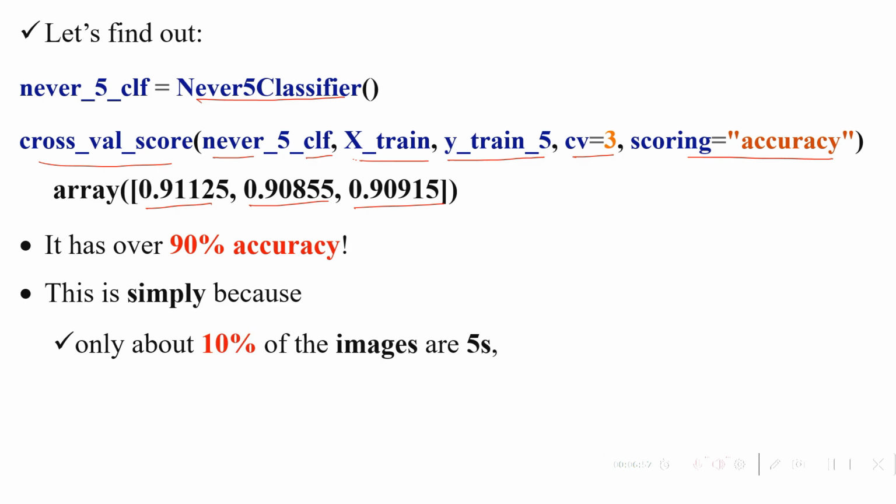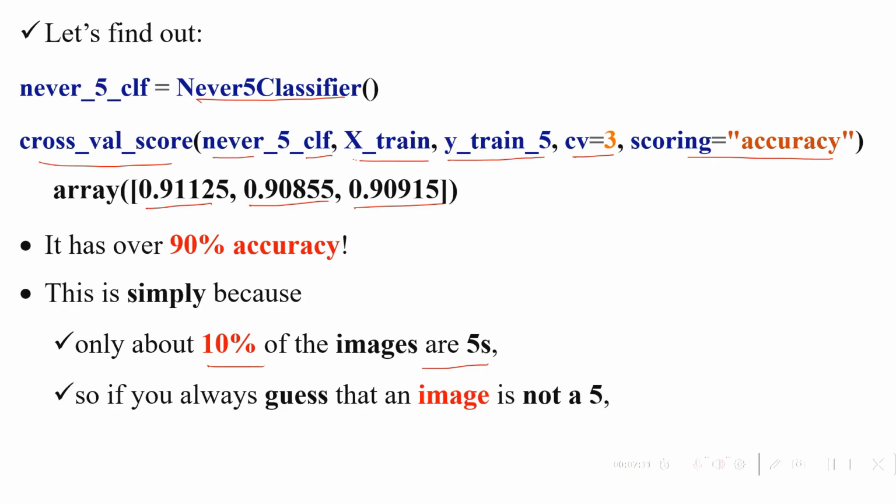This is simply because only 10% of the images are 5s. Out of all 60,000 images, only 10% belong to class 5, so if you always guess that the image is not a 5, you will be right about 90% of the time.